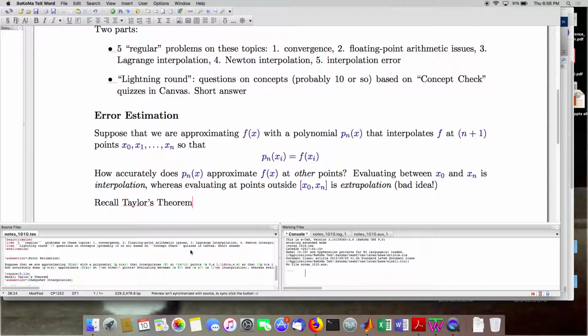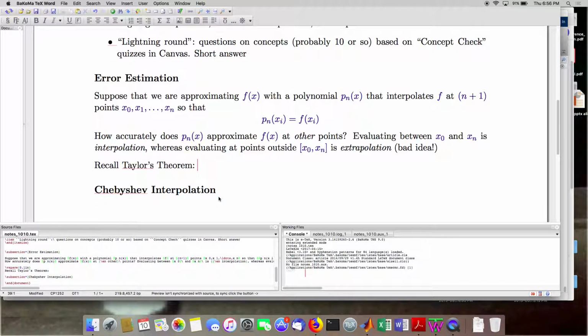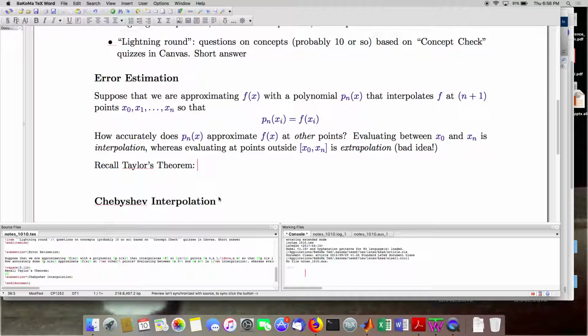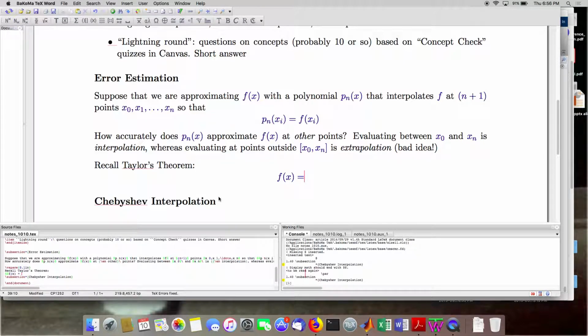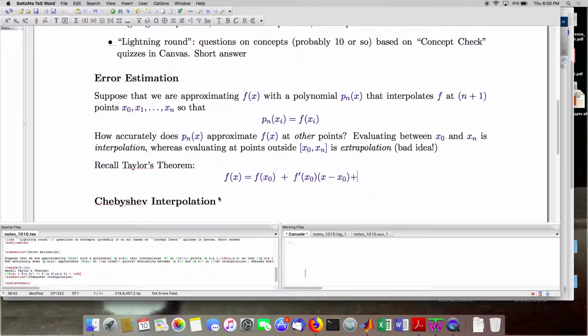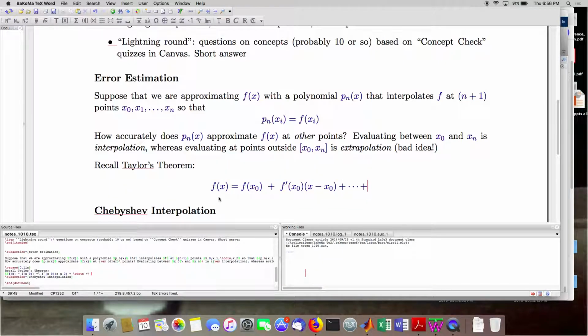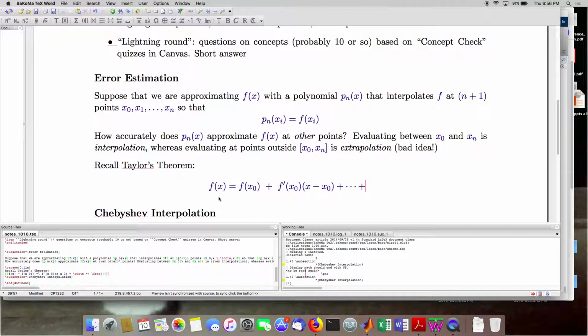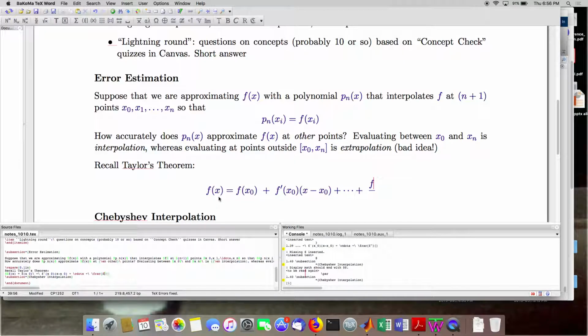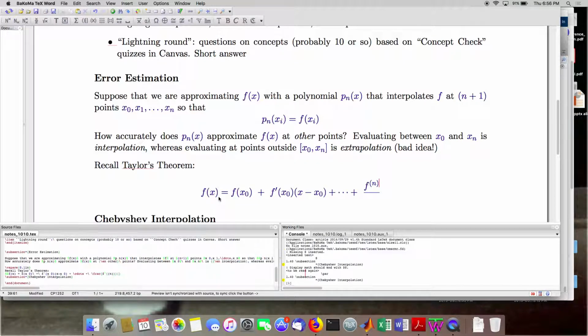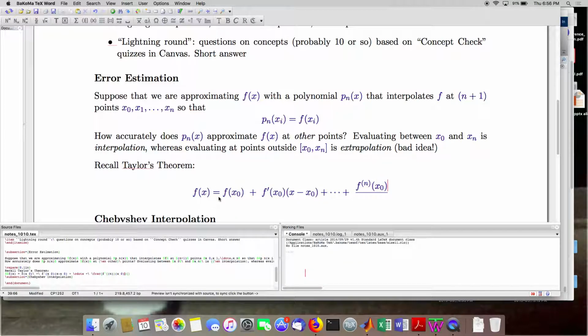It's called Taylor's theorem. And that says that your function f of x is equal to f of x naught plus f prime of x naught, and so on. So the general term in the Taylor polynomial is the nth derivative at your center x naught over n factorial times x minus x naught to the n.